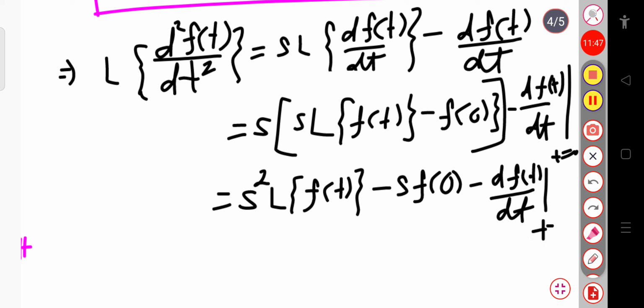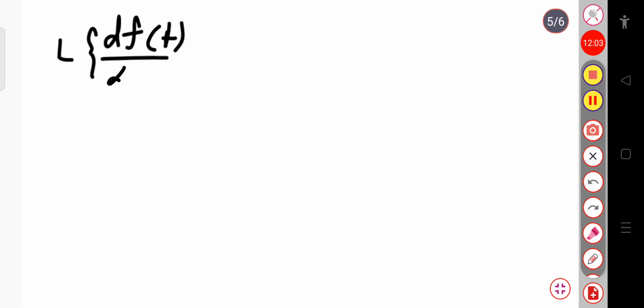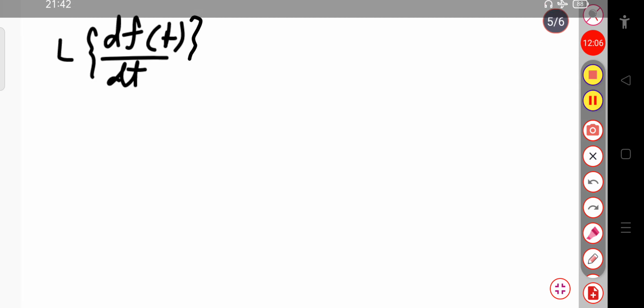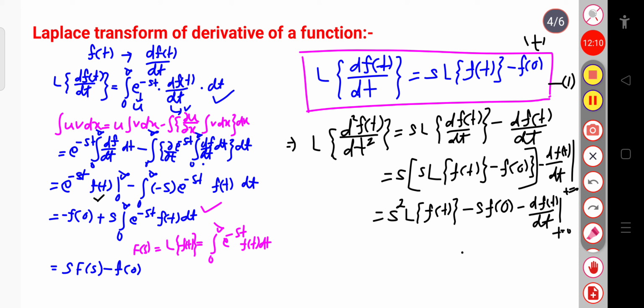Okay, so here let me write for the first order derivative what we have calculated. Laplace transform of df of t divided by dt is equal to, from the first equation, s L f of t minus f of 0.